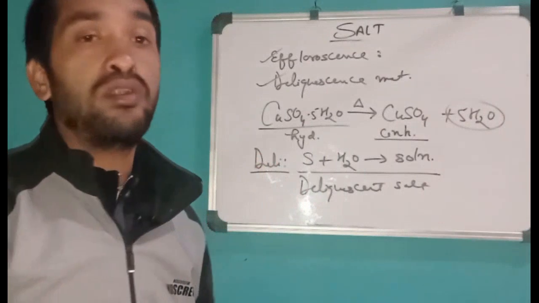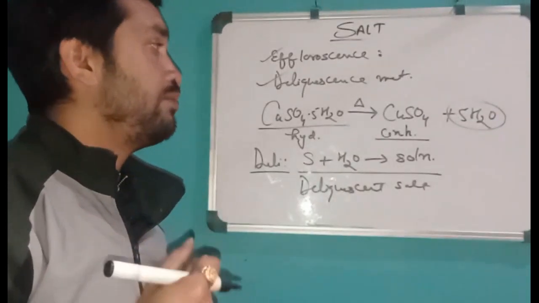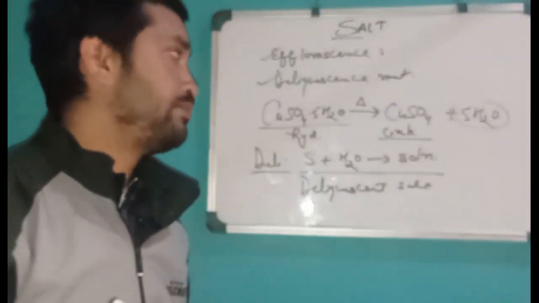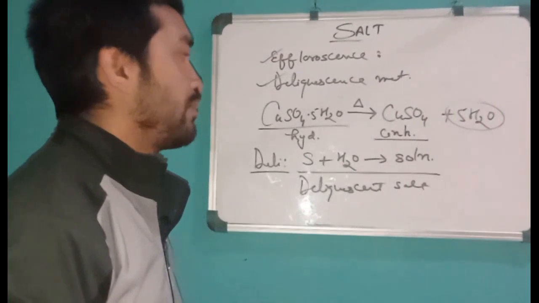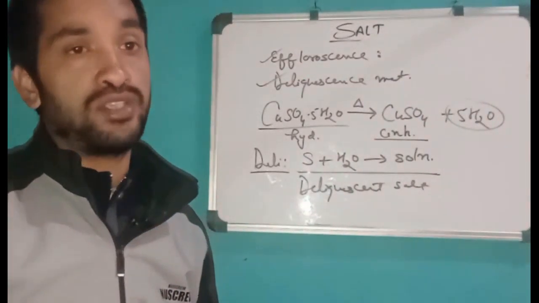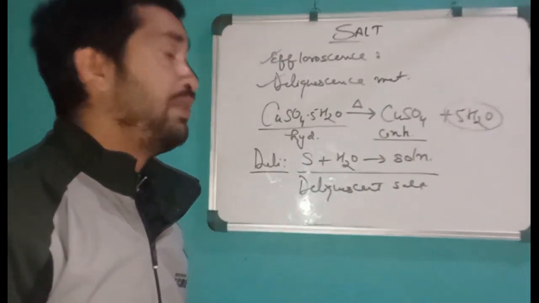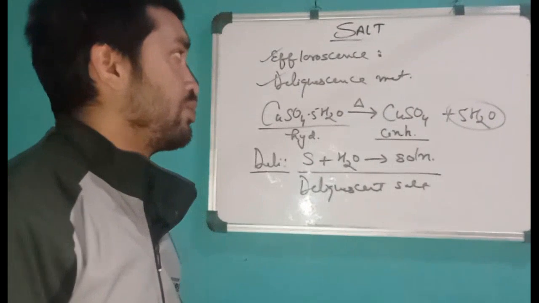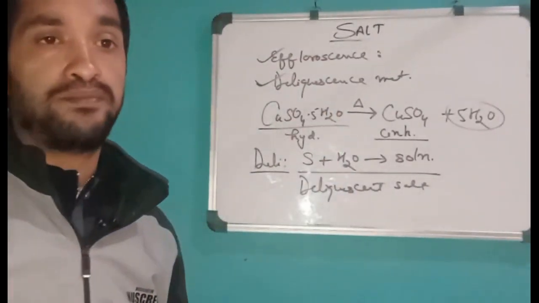Deliquescent salts are those salts which when exposed to the atmosphere absorb moisture and change to solution form. Okay, so I hope the properties are clear: non-volatile nature, electrovalent bonding, deliquescent nature or efflorescent nature. A salt cannot be both deliquescent and efflorescent. Either it will be efflorescent type or deliquescent type.